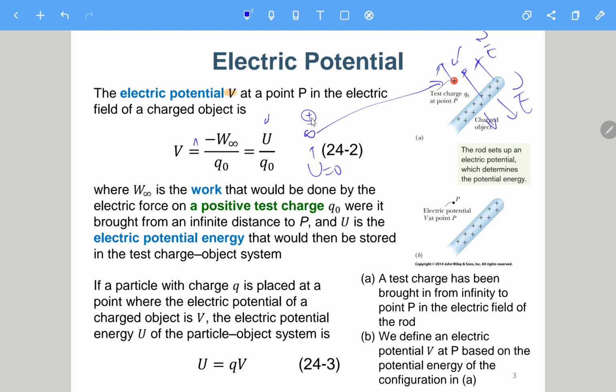So if you need to put this charge there, then you need to do some work. So this is the work done from here to there. Okay, so this is W infinity, and then over Q0. Q0 is the charge amount of this test charge, and then take the negative sign.